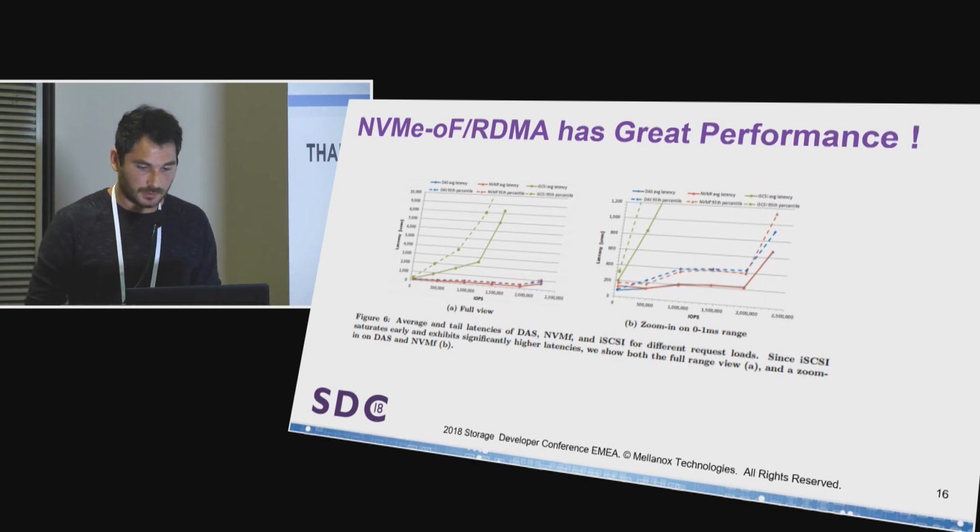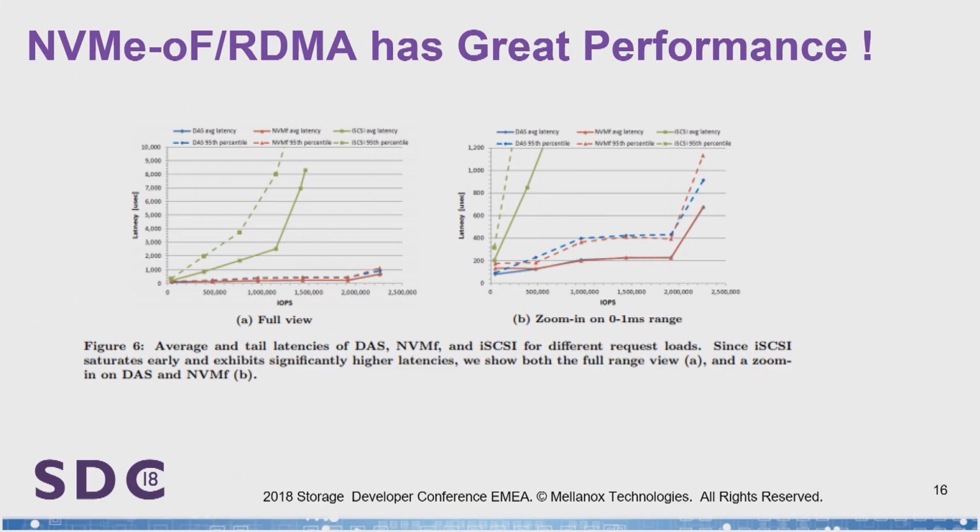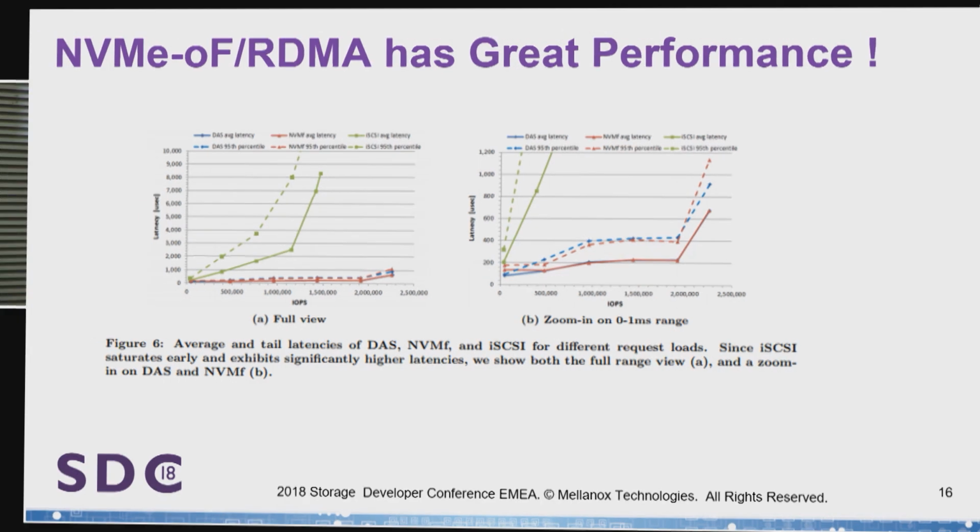Almost in every graph that we show here, direct attached storage and NVMe over Fabrics storage give pretty much the same performance, except maybe for the latency of one I/O operation with one queue depth. And iSCSI is not comparable to these two protocols.